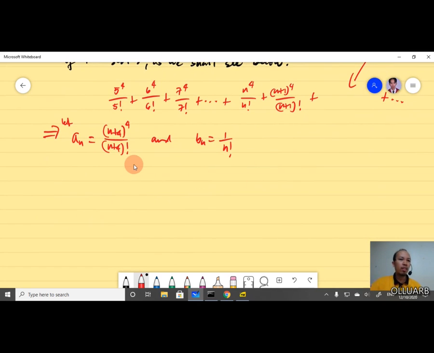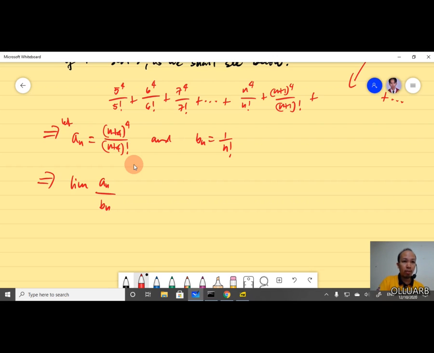So this implies that the limit of a sub n over b sub n. The behavior of the series, meaning the convergence of the series, is not affected when you discard or eliminate the first few terms. If the series is divergent, then it stays divergent.